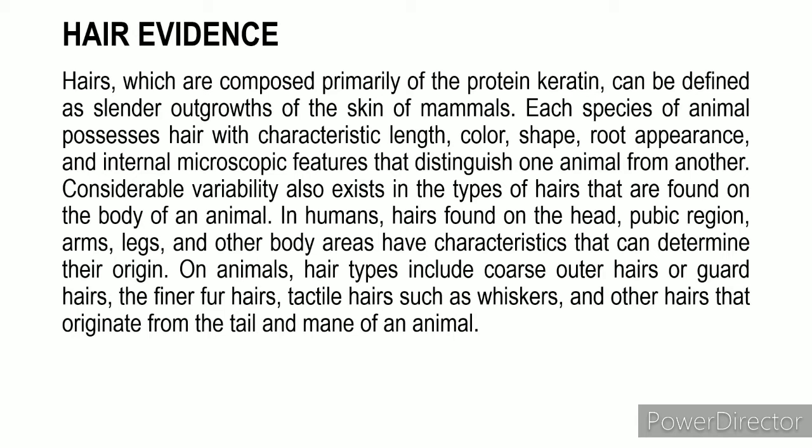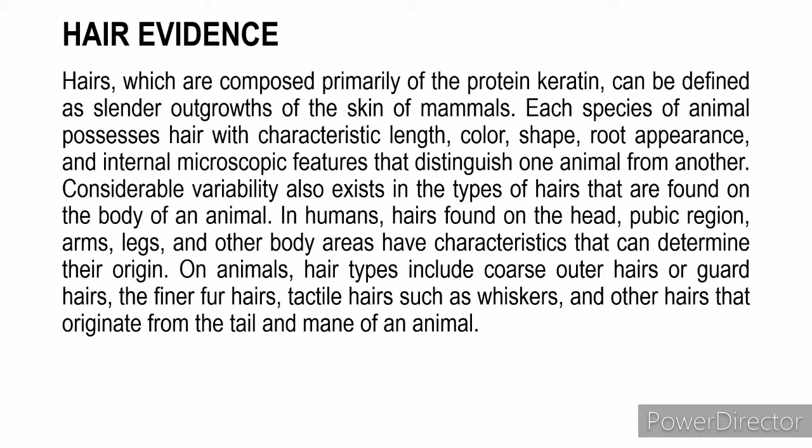Considerable variability also exists in the types of hairs that are found on the body of an animal. In humans, hairs can be found on the head, pubic region, arms, legs, and other body areas, and have characteristics that can determine their origin.